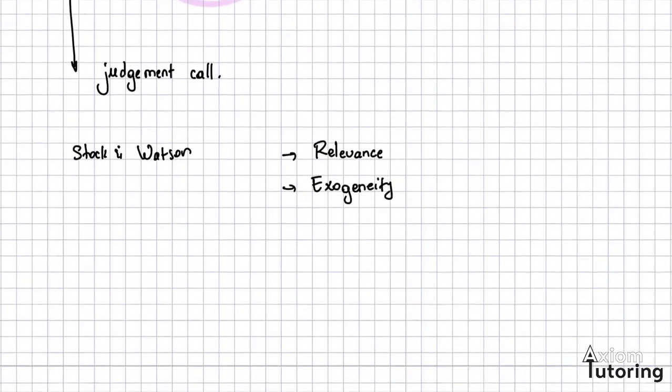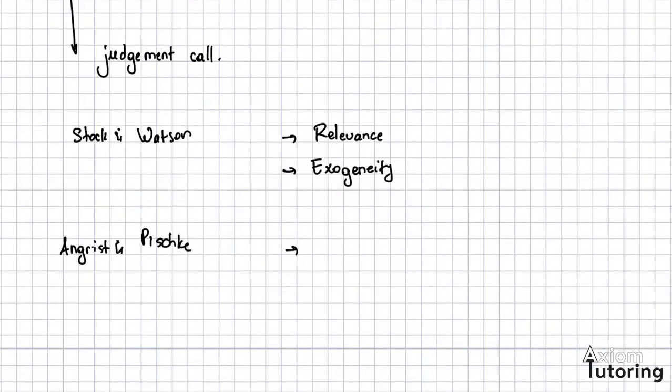In other books, for instance, the Angrist and Pischke book, instead you will see there are three conditions. So it's a three-condition approach. The first one is relevance. The second is the exclusion.